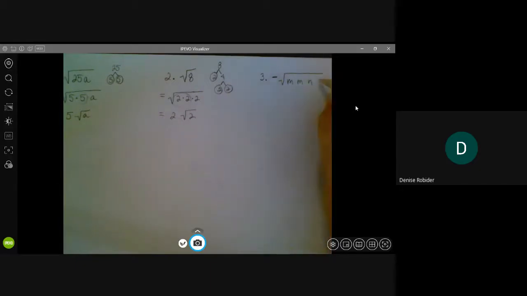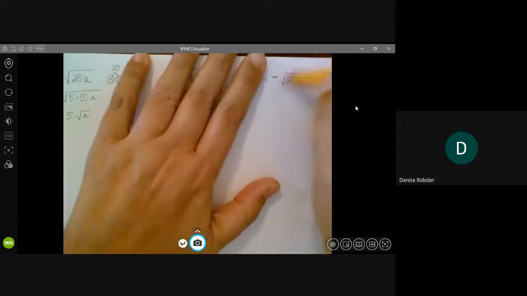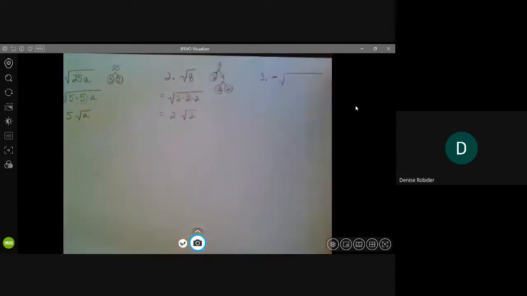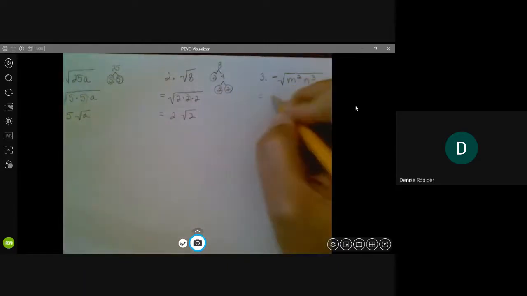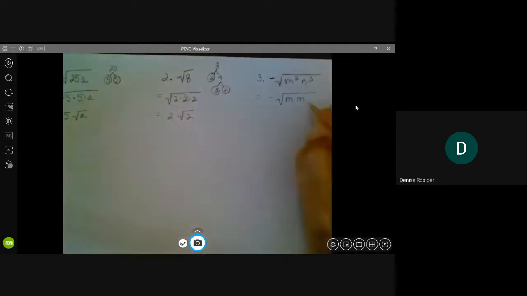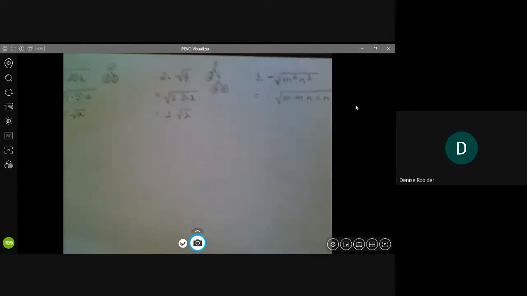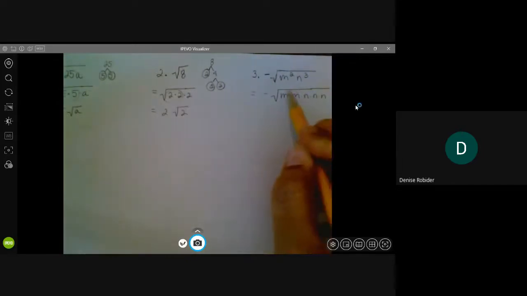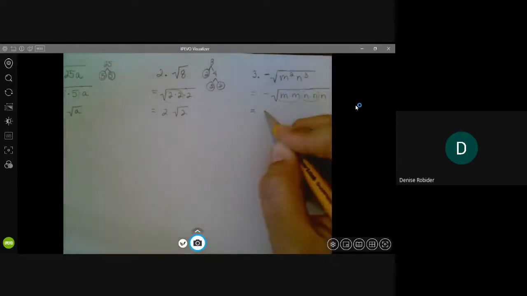This is the square root of m squared n cubed. m squared is m times m. n cubed is n times n times n. Do we see any pairs? There's a pair here. There's a pair there. Because they're a pair, because they're being squared, they get to leave the radical.